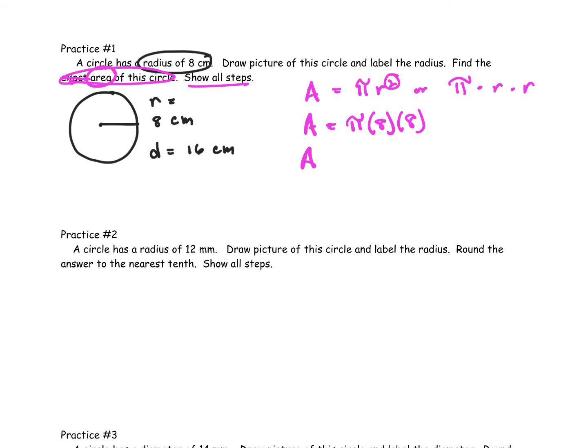And then the answer, since it's the exact answer, the pi symbol stays in the math, but 8 times 8, we can write that as 64. We prefer to see our rational numbers first, followed by the pi symbol. And then the unit of measure is centimeters squared. So this is the exact answer of how many square units of centimeters would be inside the circle.